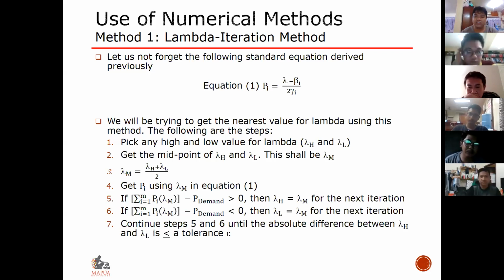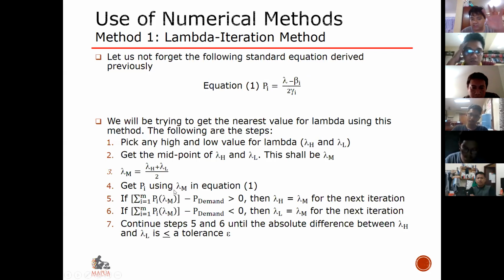So ito yung process niya: pick any high and low, get the midpoint of that first, try to insert yung midpoint na lambda m sa equation na to. Kung ano yung lambda m na yon, you will eventually get P1, P2, and P3, kung ilan man generators yon.